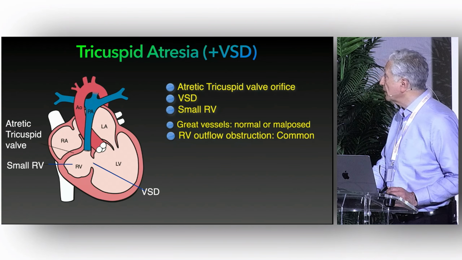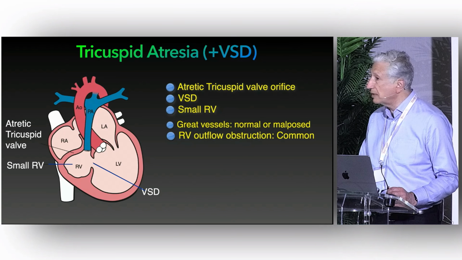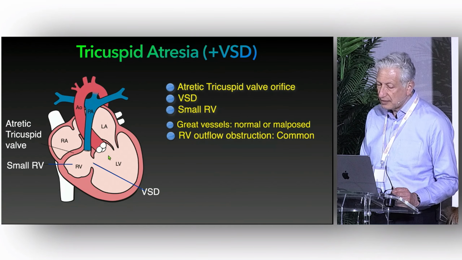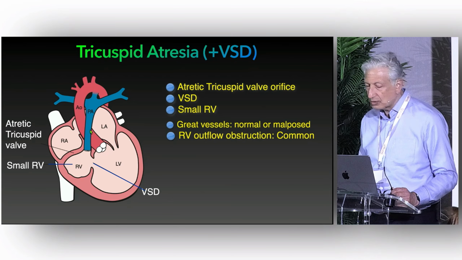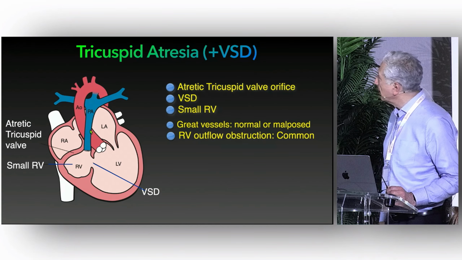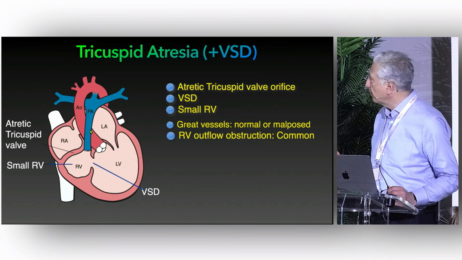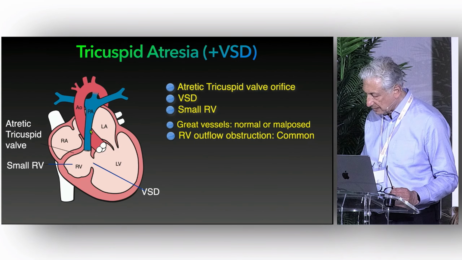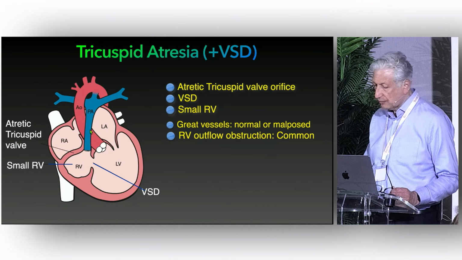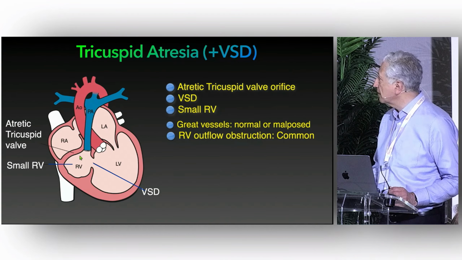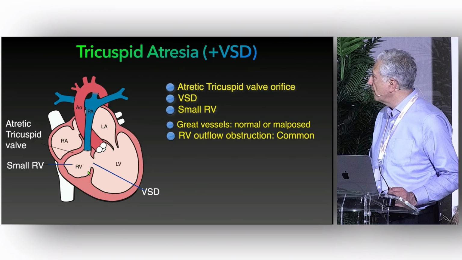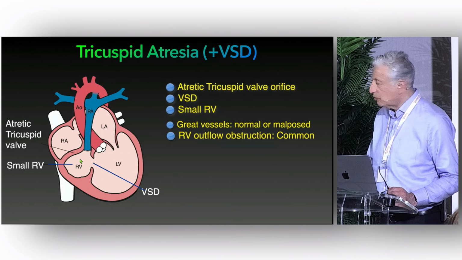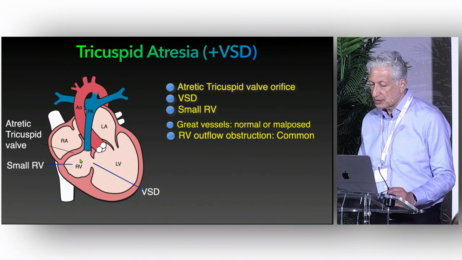The great vessels, when they arise from this heart, can be either typically concordant, that means the aorta from the left ventricle and the pulmonary artery from the right ventricle crossing over the aorta, but they can also be malposed in a parallel condition. In my experience this is 20% of the cases, but in some studies up to 40% of the cases. And generally, it's acknowledged that the vessel arising from the small right ventricle is narrow, so it can be associated with right ventricular outflow tract obstruction.